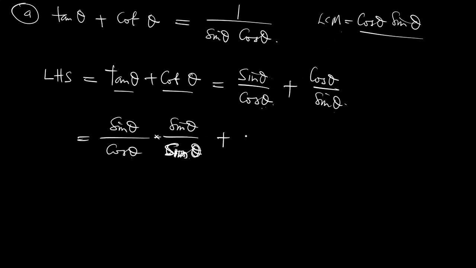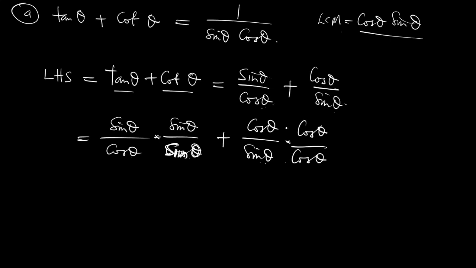So this times this will give you the LCM of the denominator. Now plus you have cos theta divided by sin theta. To make this the same with the LCM, you multiply by cos theta. What you do to the denominator, you also do to the numerator, so we multiply both by cos theta.